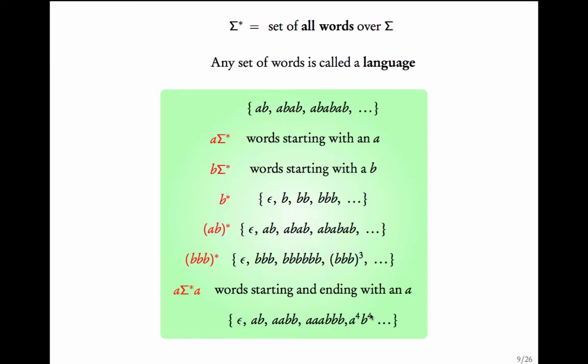What about this language? First of all, note that this is not AB star, or this is not A star B star. I will give this as an exercise. Try to think why this language is not just A star B star. What is A star B star?